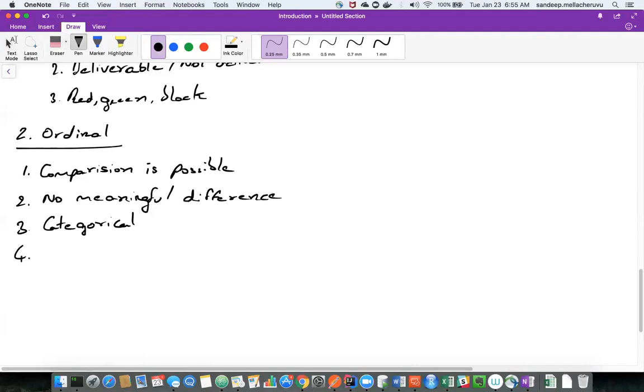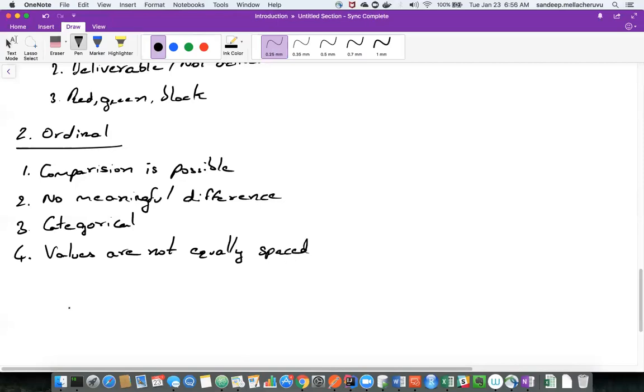This is a categorical variable as well as values are not equally spaced. Okay, what does it mean?